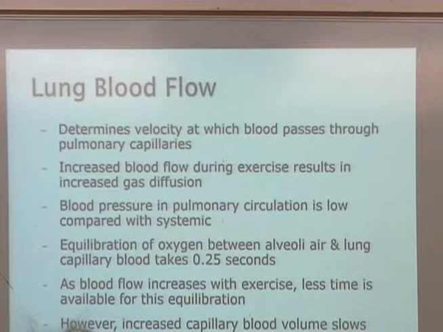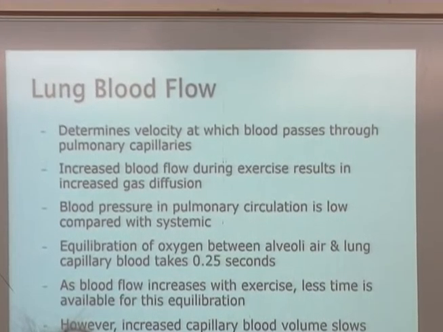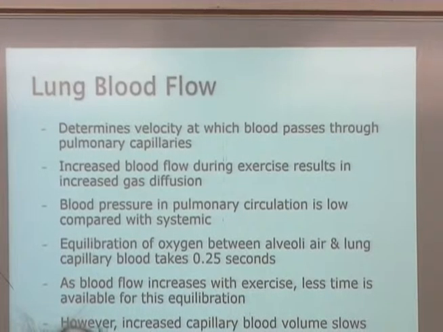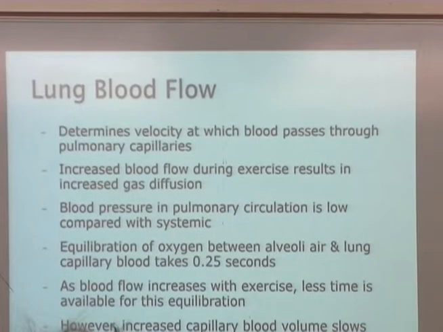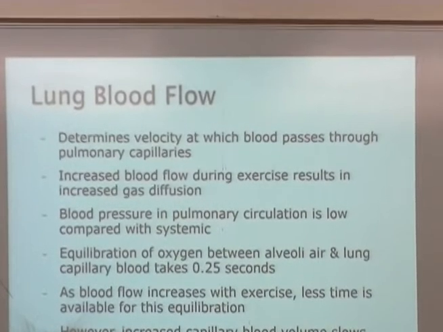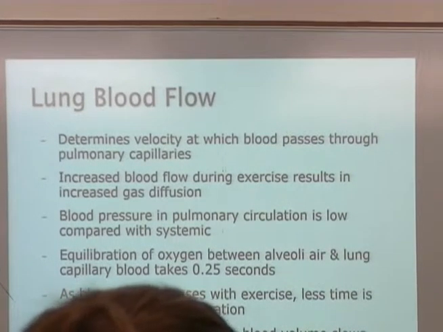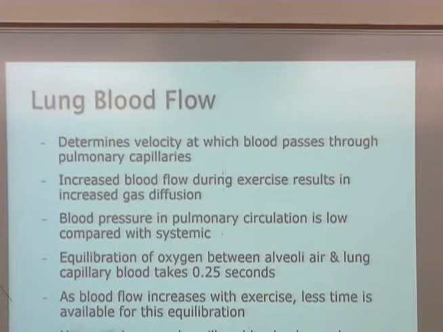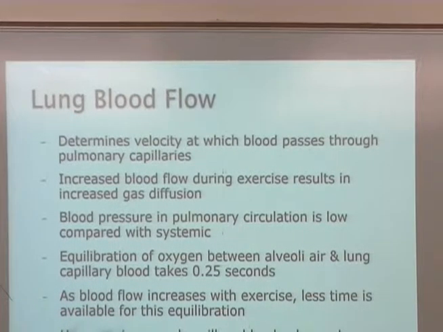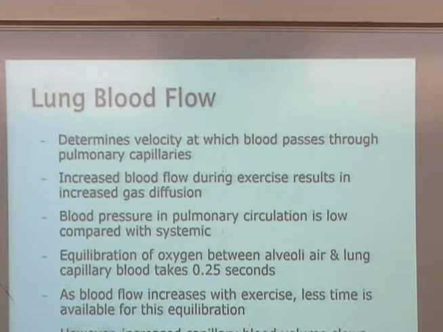So we have lots of mechanisms in place that allow us to get as much oxygen as possible when we start exercising. Right? Remember that if I've got more oxygen in the lung, I've got a steeper gradient, so that's another mechanism that helps us get more oxygen into the bloodstream.